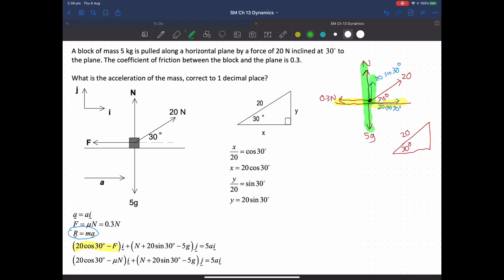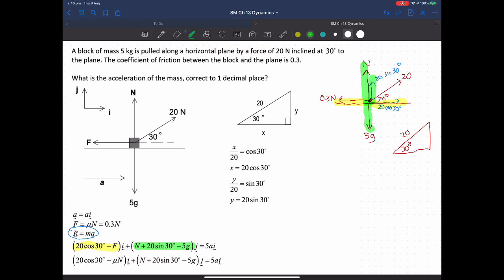We have N plus 20 sine 30 degrees minus 5g. The yellow highlighted parts are in the i direction, the green highlighted in the j direction. On the other side, we have mass times acceleration. Now the mass we were told was 5, the acceleration is a. So what do we do here?